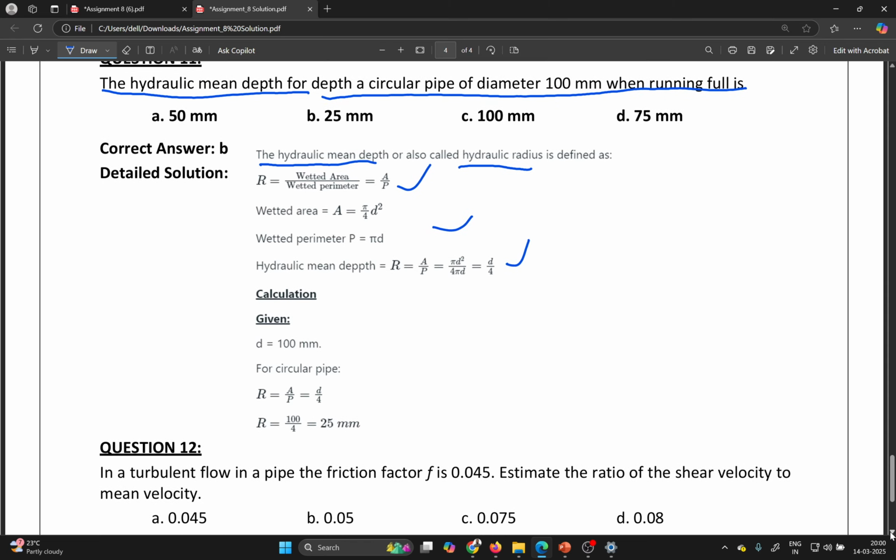Now the next question. So definitely D by 4 means 100 by 4, that is running full. Running full means the depth of the flow will be 100 mm.